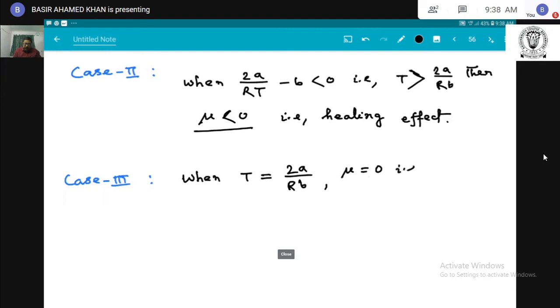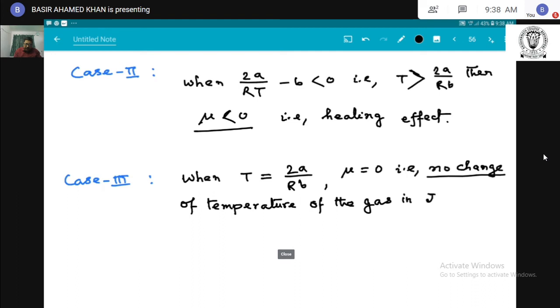That is, there is no change of temperature of the gas in JT expansion, right?